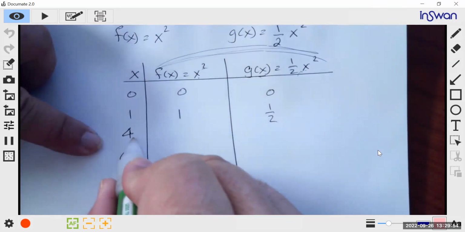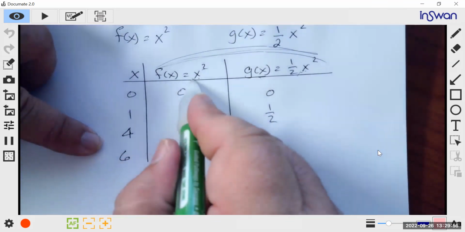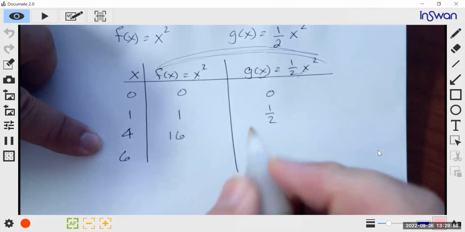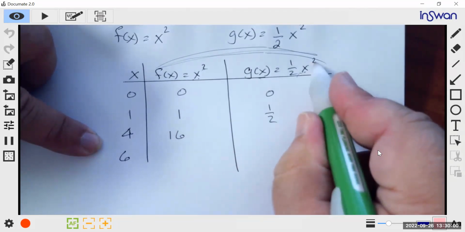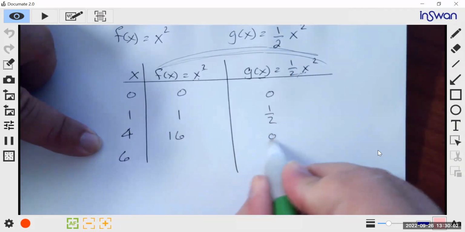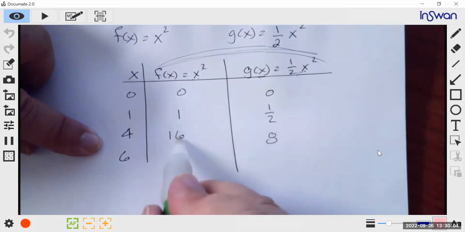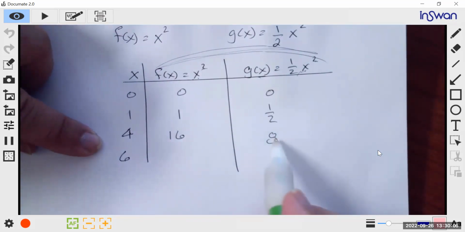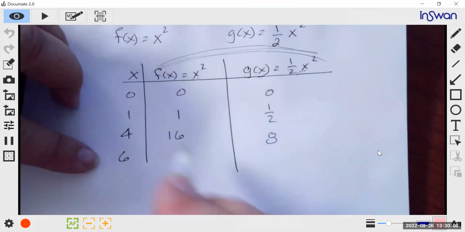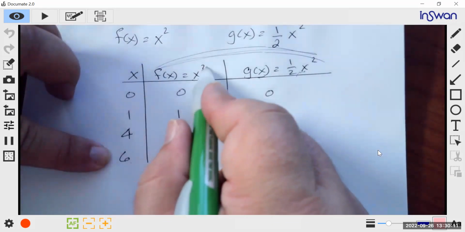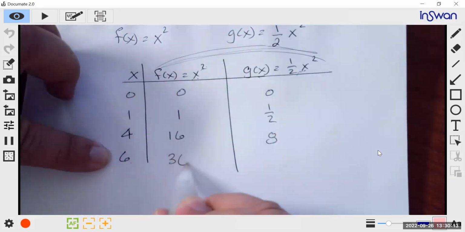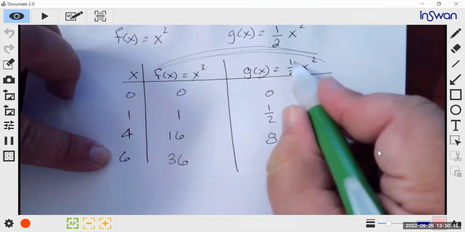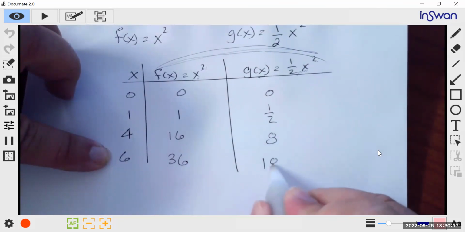When x is 4, 4 squared is 16. g of x is 16 divided by 2, which is 8. So this one's up at 16, this one is only up at 8. When x is 6, 6 squared is 36, and 36 divided by 2 is 18.